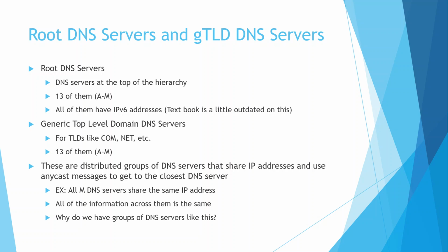So why do we do this? Why do we have this distributed architecture? Well, for one, this DNS service is so important to us being able to communicate on the internet or on our networks. So we need to have redundancy, we need to have resiliency. But also think about this redundancy and resiliency from a security perspective.